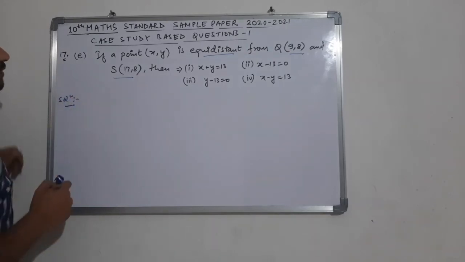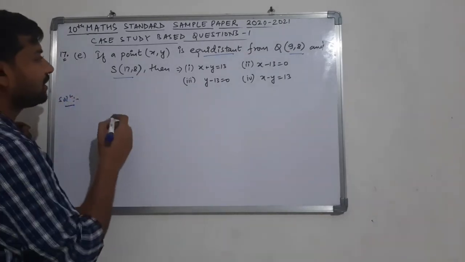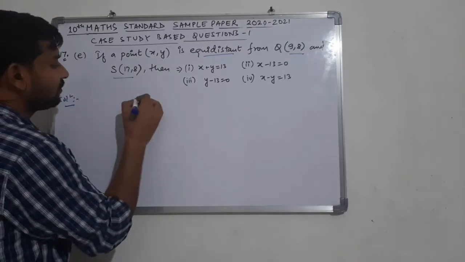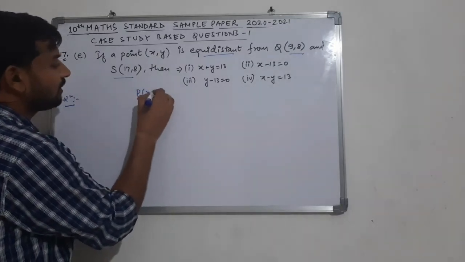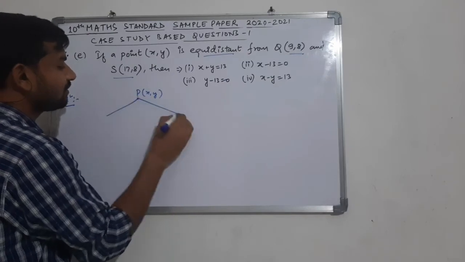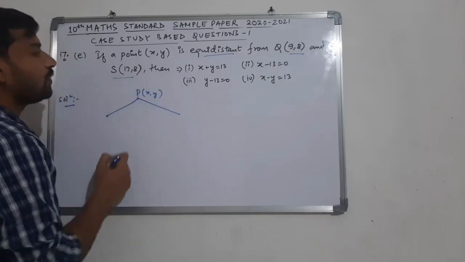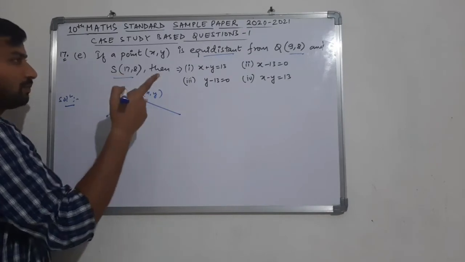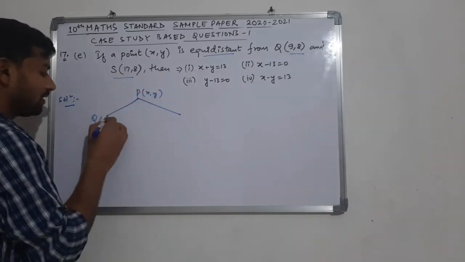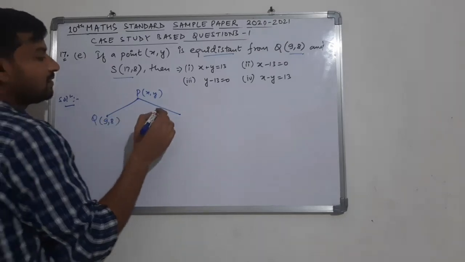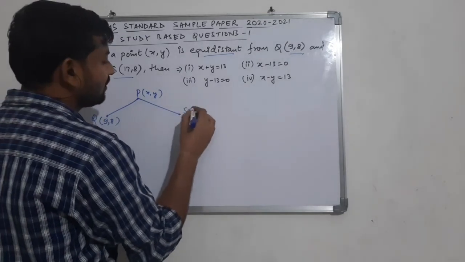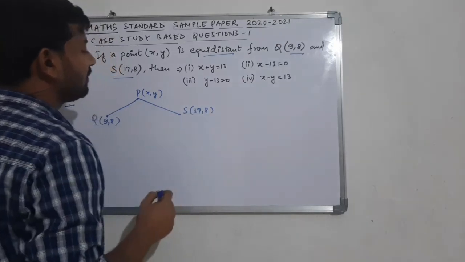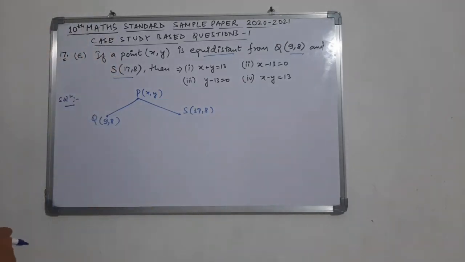Here we have to use one piece of information: suppose this point is P and its coordinates are (x, y), and it is given that the distance of point P from Q, that is (9, 8), and the distance of point P from S, that is (17, 8), is equal. We have to find the relation between x and y.